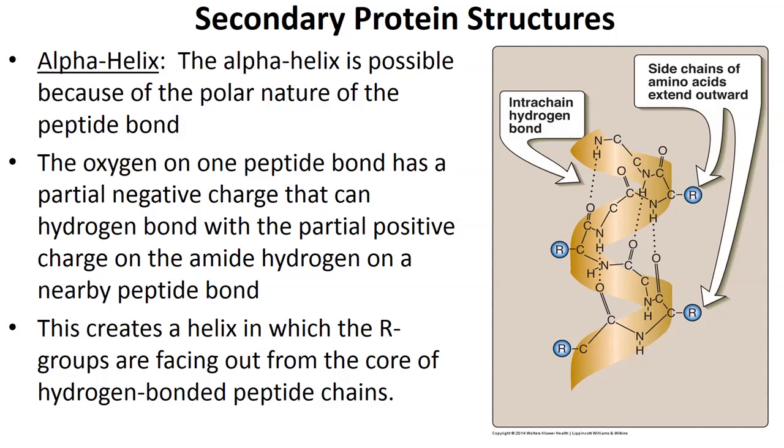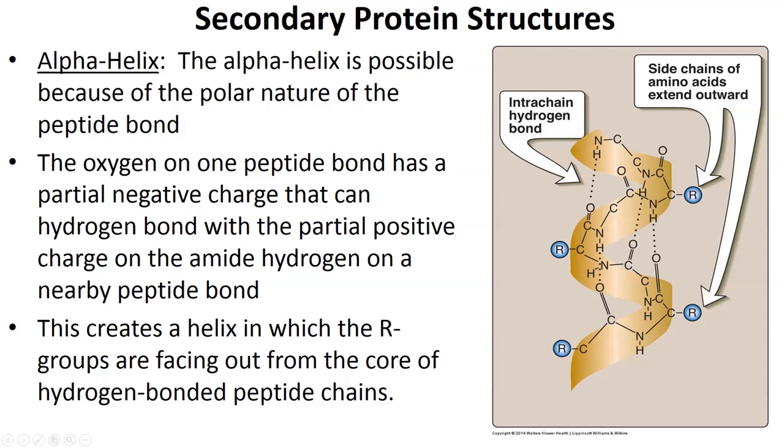So they don't really involve the R groups at all. The R groups can interfere with making a secondary structure, or vice versa. They may allow a certain section because they're smaller, for instance, or they have the appropriate charges. They may allow sections to come together, but they don't actually participate in the secondary structure.